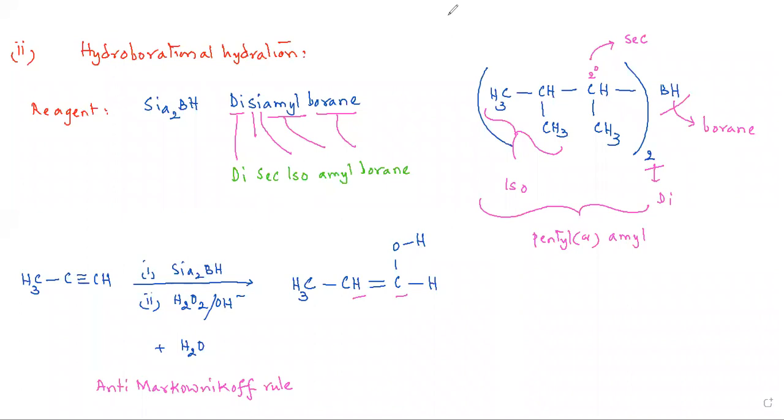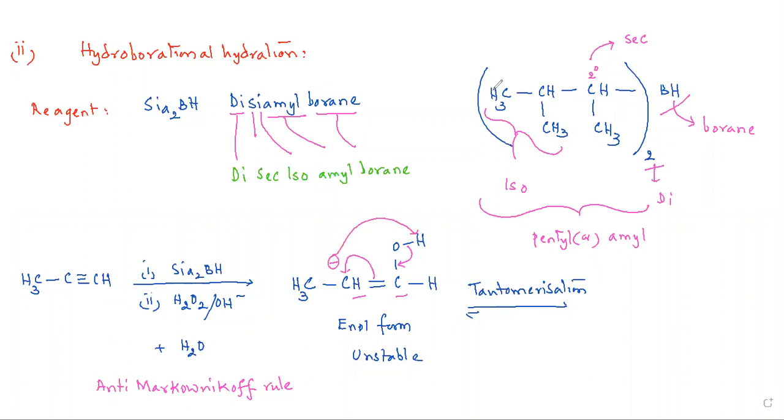Now, this again is a kind of enol. Enol is unstable, so it is tautomerized. See, on tautomerization, this, then this, finally.